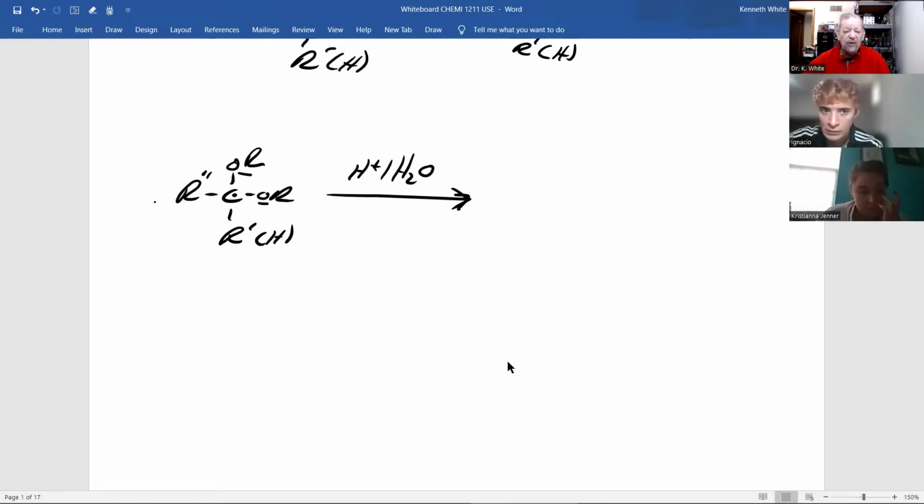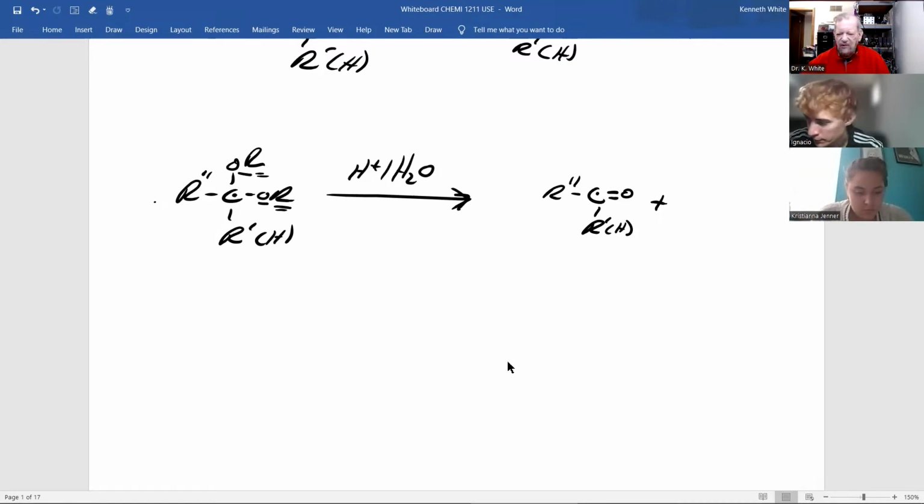And here, keep your eye on that carbon. That will become double bonded to oxygen. What's attached to it directly, R prime or hydrogen, will still be attached to it, and our R double prime. And from this part, you'll get an alcohol.